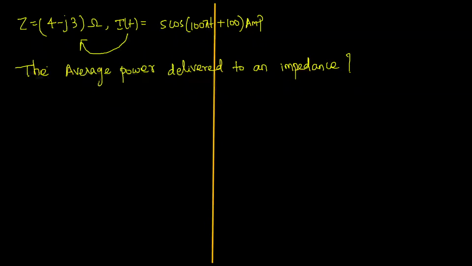This is the question: Z equal to 4 minus j3 ohm, where i(t) equals 5 cos(100 pi t plus 100) ampere. The average power delivered to an impedance is dash. What is the answer for this question? Drop the answer in the comment section.